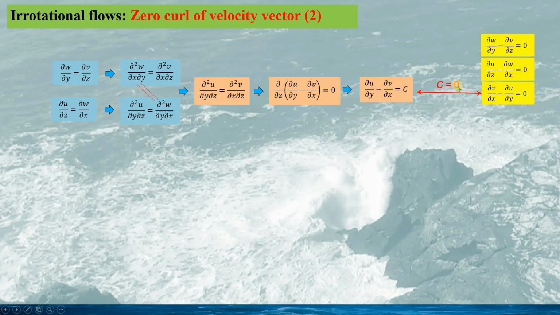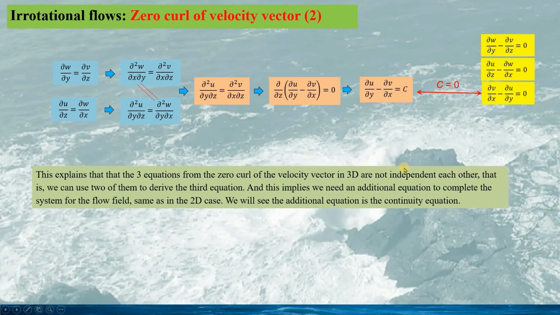If we take c equal to 0, then we can see this equation is exactly the same as the third equation. These three equations based on the zero curl of the velocity vector are not independent of each other. And this means we need an additional equation for completing the dynamic equations in 3D irrotational flow.